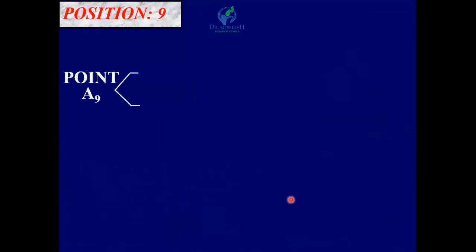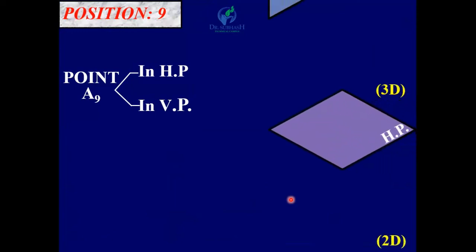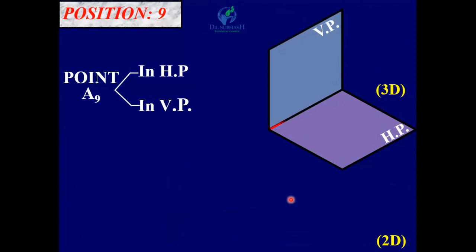Okay. Now let us see next. Position 9, point A9 in HP and in VP. That means the point is on both the planes. So if the point is on both the planes, it is on the intersection of the two planes. So here point A9 is on XY line, the intersection of these two planes. So original point is on XY line.